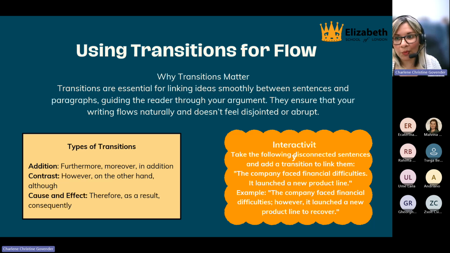But before I go on to using transitions, does anybody in their own words want to tell me now what we need to make to have a powerful paragraph, or what steps we have to take to write a powerful paragraph? I'll start you off. You need a topic sentence.